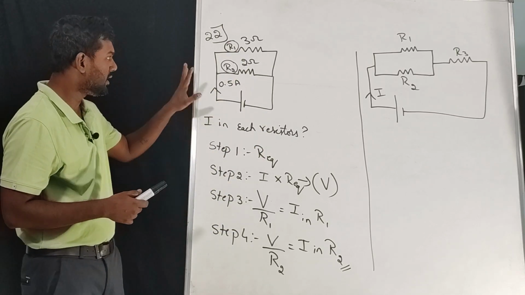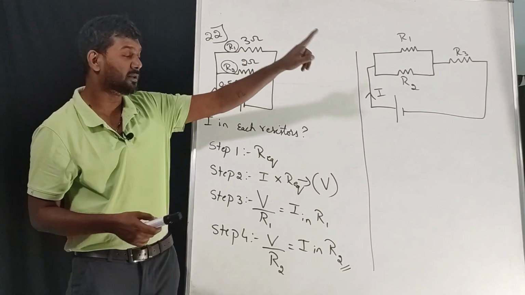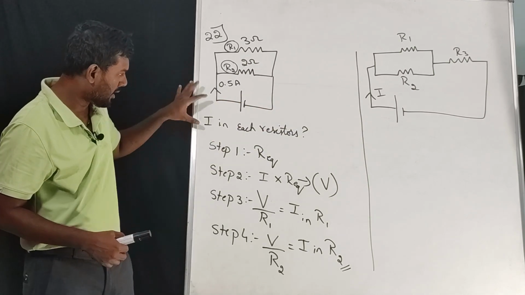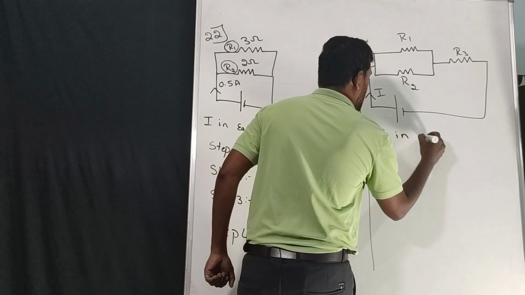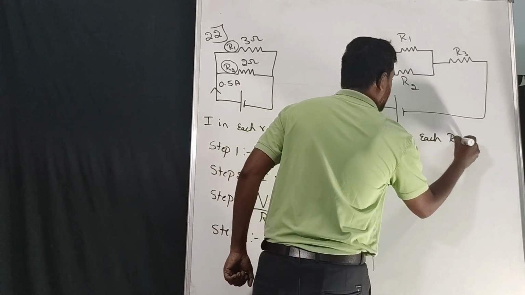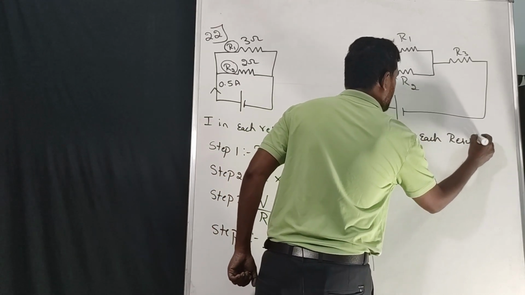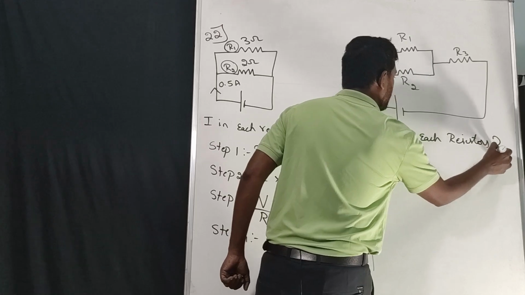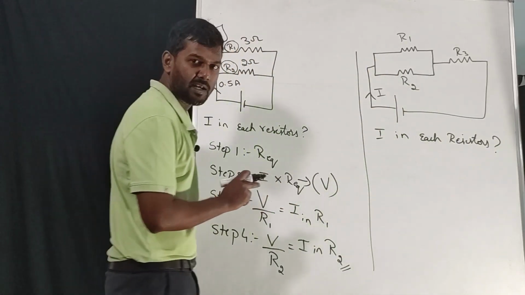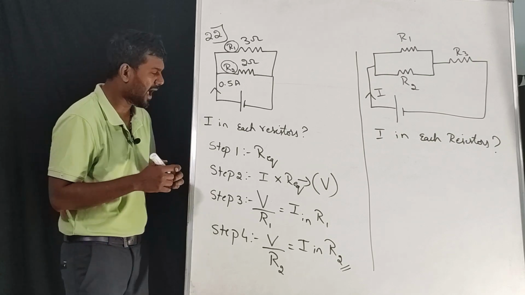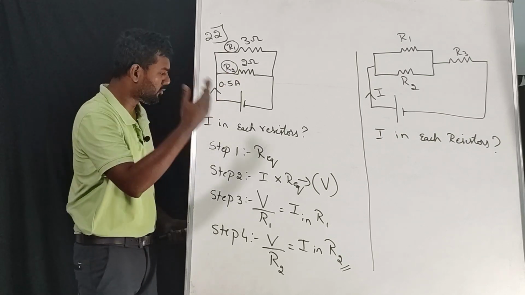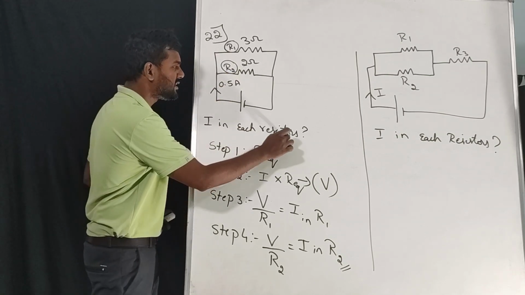I'll explain the difference between this diagram and this diagram. In the same question, current in each resistor. Why we need to learn this, you will understand later once we solve this question. In question number 22, what they were asking is current in each resistor.